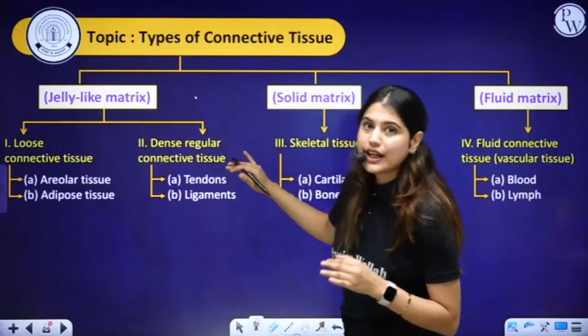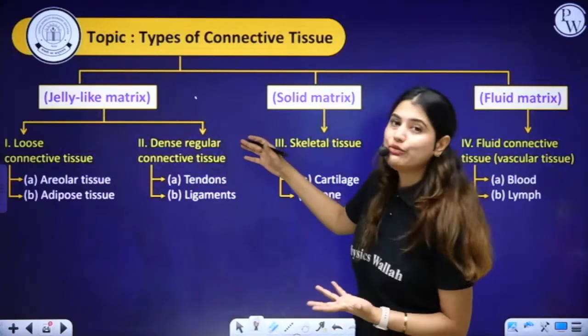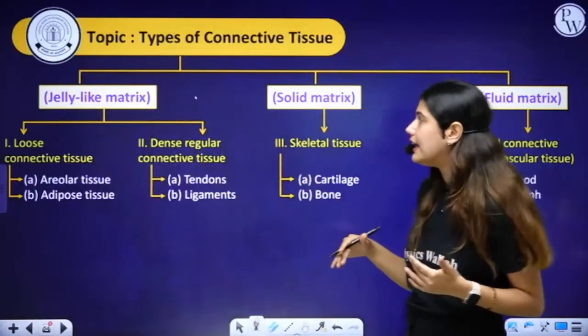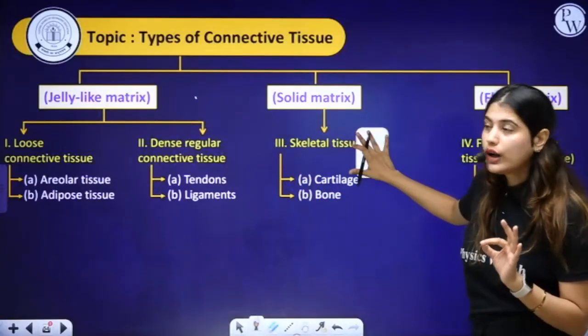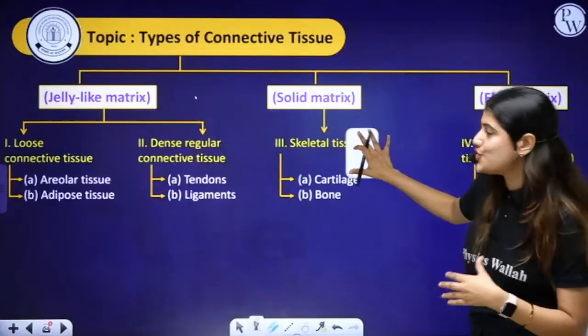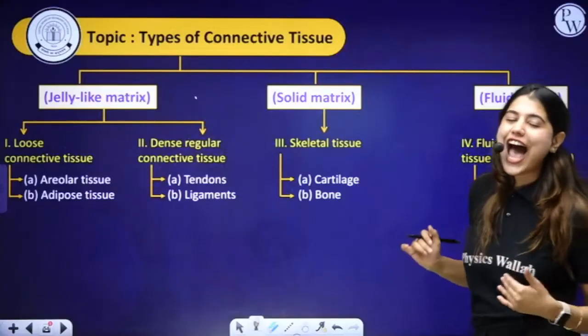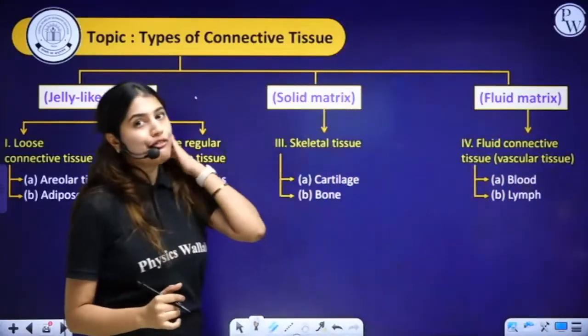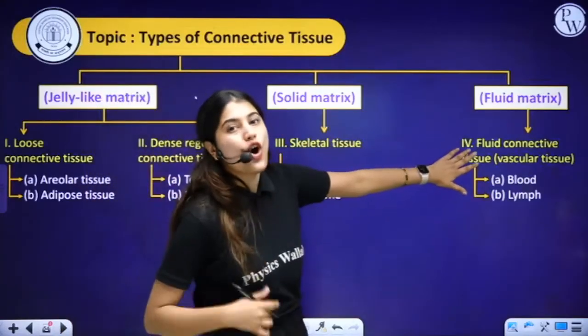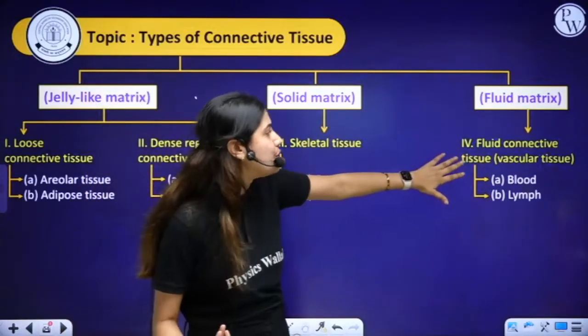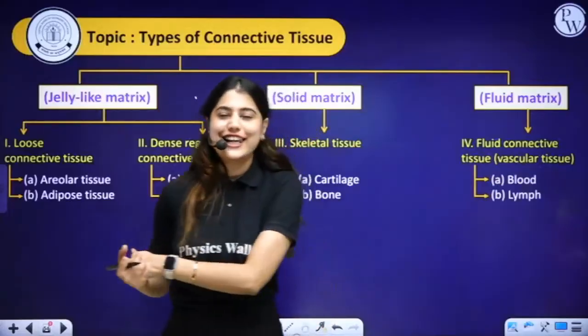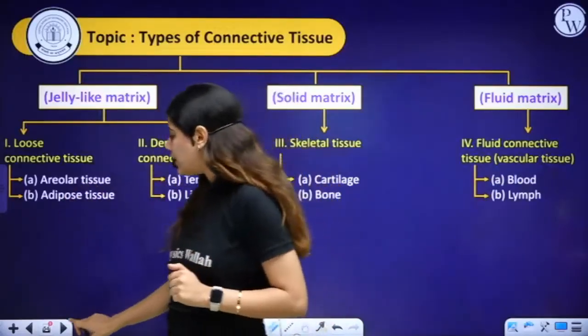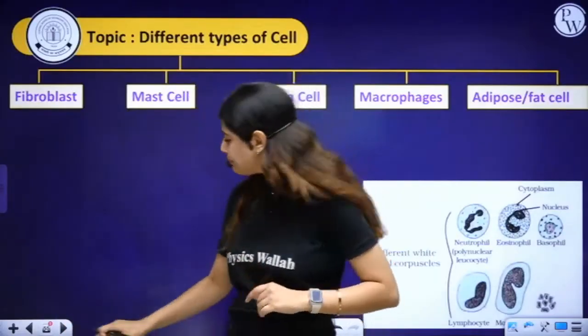And if it is dense regular connective tissue, the types are tendons and ligaments. If the matrix is solid, we're going to call it the skeletal tissue. The types are cartilage and bone. Lastly, we have fluid matrix, which is called the fluid connective tissue. The examples are blood and lymph. So let's discuss each one of them one by one very quickly.